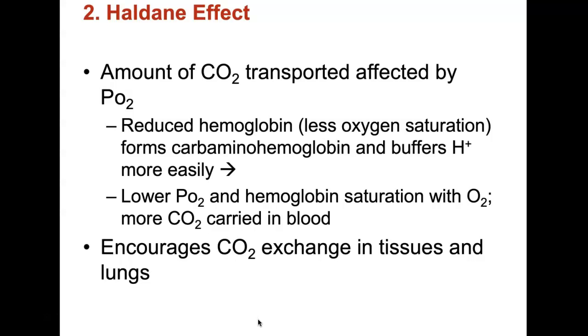As carbon dioxide enters the systemic bloodstream, it causes more oxygen to diffuse from hemoglobin, which we know as the Bohr effect. The dissociation of oxygen allows more carbon dioxide to combine with hemoglobin, and that's what we mean by the Haldane effect.